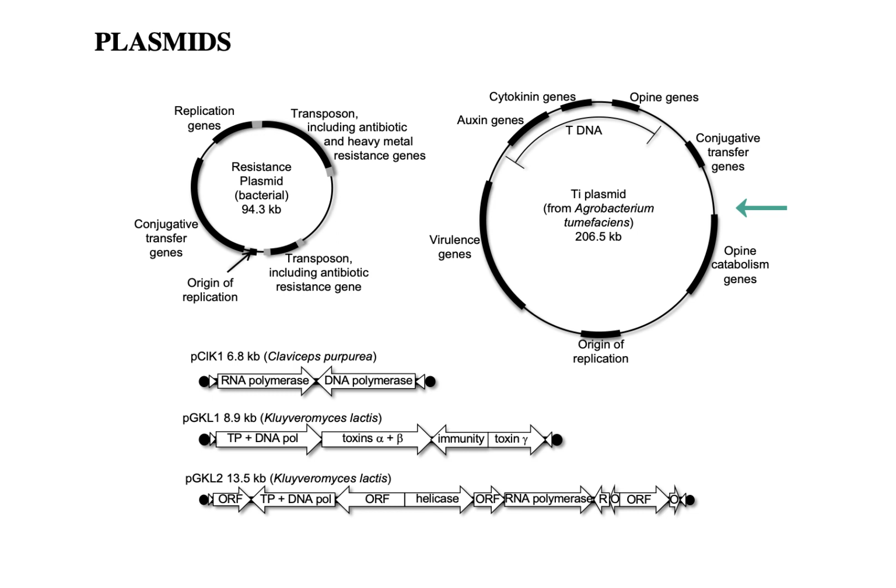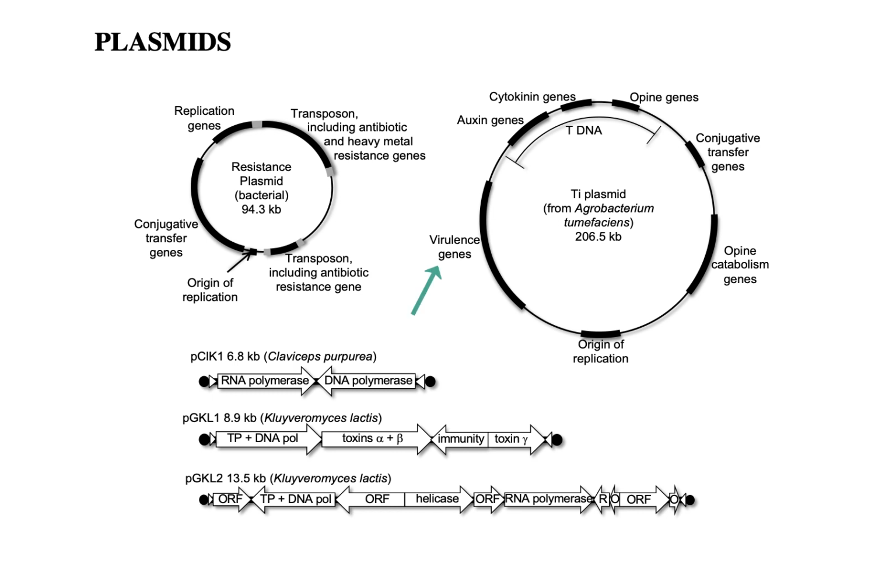Some larger plasmids, such as the Ti plasmid in Agrobacterium, have an origin of replication, of course, and then some genes that encode for plant hormones, which will then change the plant cells to form a callus or some other tissue based on what those particular genes are doing.